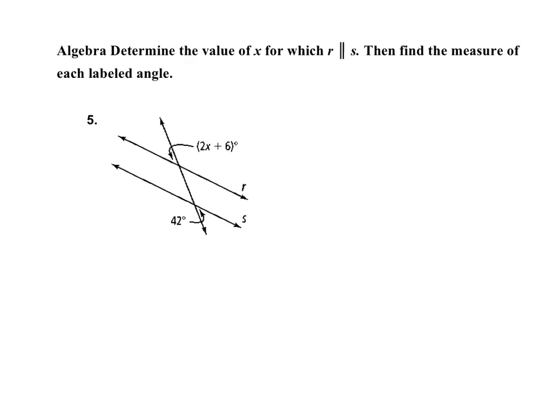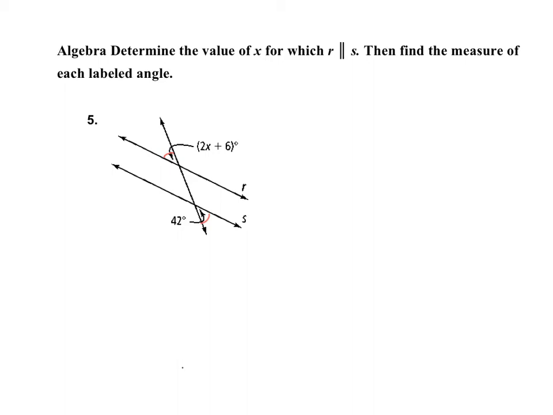Now, in this one, I want to determine the value of x for which r is parallel to s. My first step is to identify what type of angles I have. Those two angles are alternate exterior angles, on opposite sides of the transversal, outside.